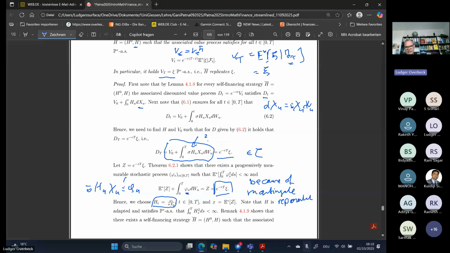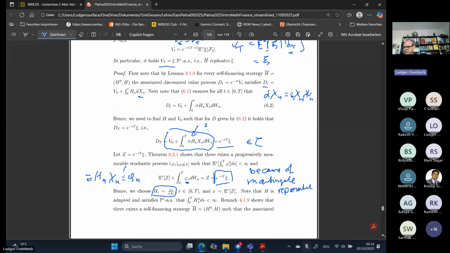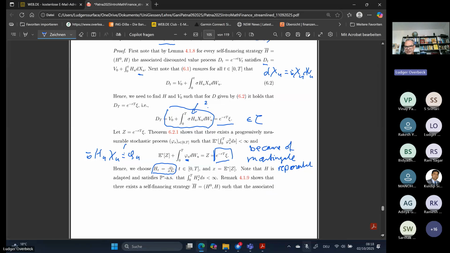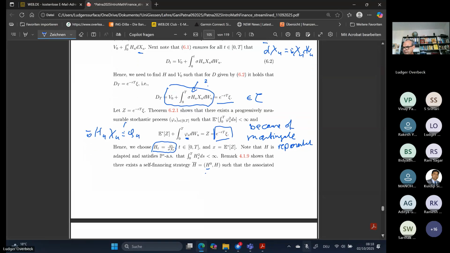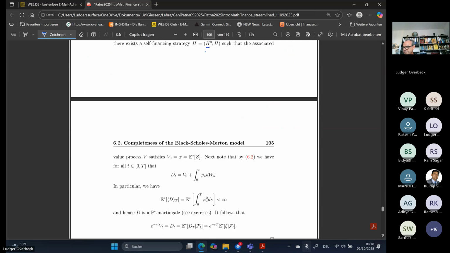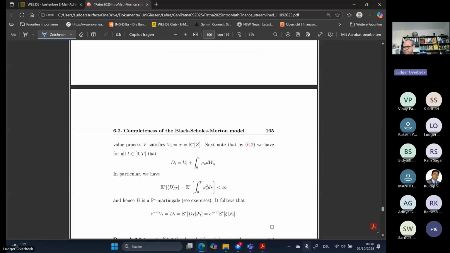Okay, this means we have constructed our H, the investment in the risky asset, and we find H_0, the financing, lending and borrowing in the money market account, such that we can construct a self-financing strategy. And so we are done.